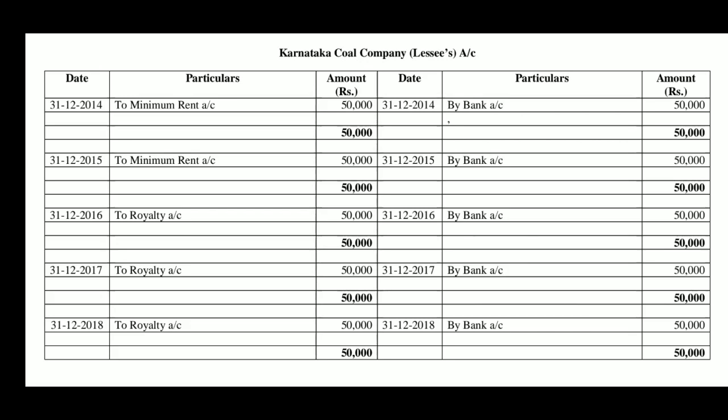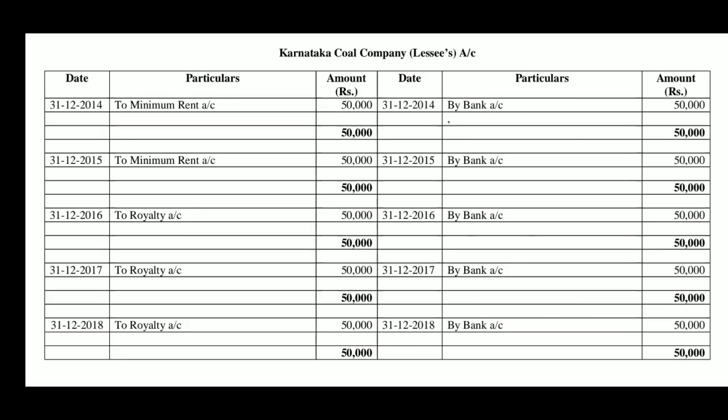Then in the third year, royalty is receivable. Therefore, lessee's account, that is Karnataka Coal Company account debtor to royalty account 50,000 when it is received, lessee's account credited by bank account 50,000. In the fourth year 2017, again royalty is due from lessee. Lessee's account debtor to royalty account 50,000.